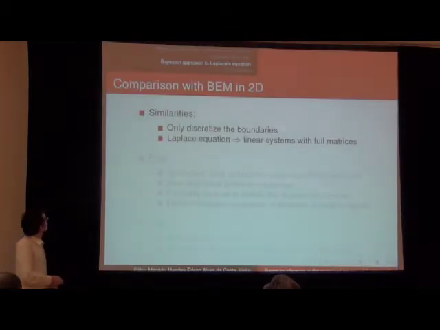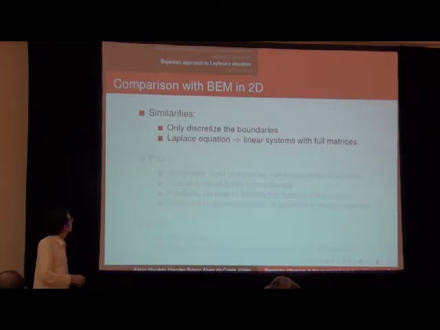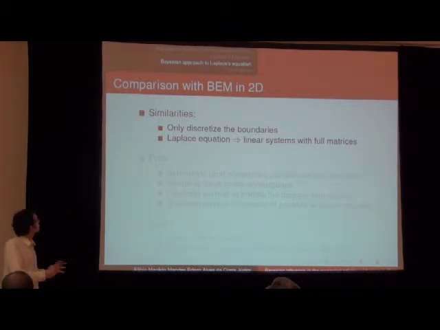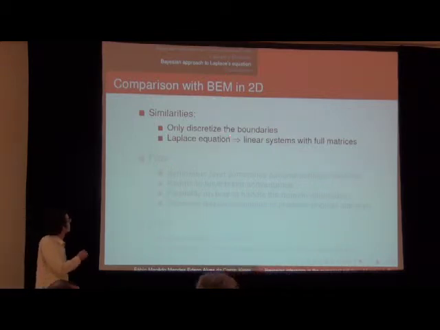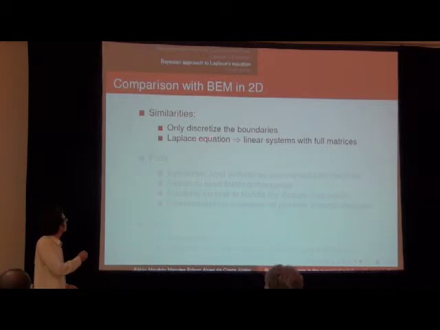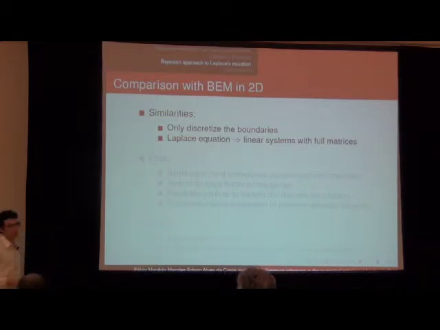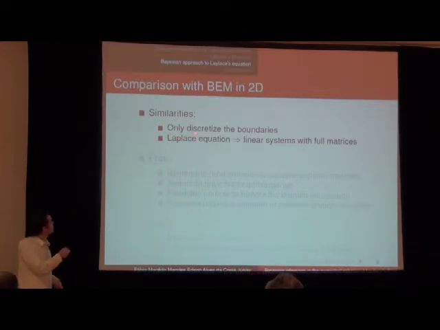Well, I had some problems in the beginning to get this to work, so I could not advance very much. Here I just compared with the boundary element method. And there are many similarities. I mean, the biggest one is that both methods, this Bayesian method and the boundary element method, just need to discretize the boundaries, which is a very good feature of those methods.